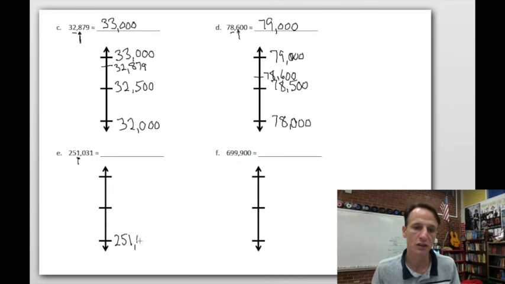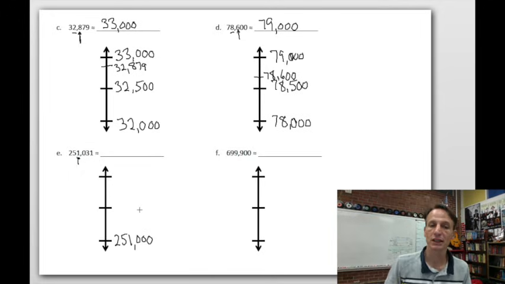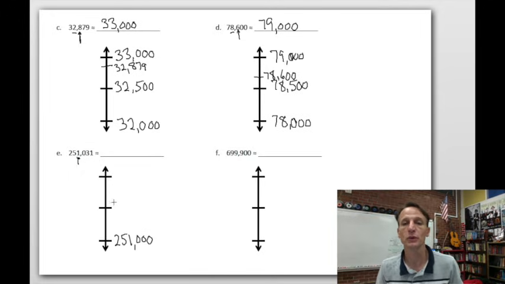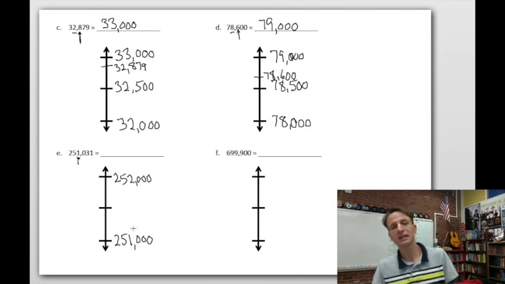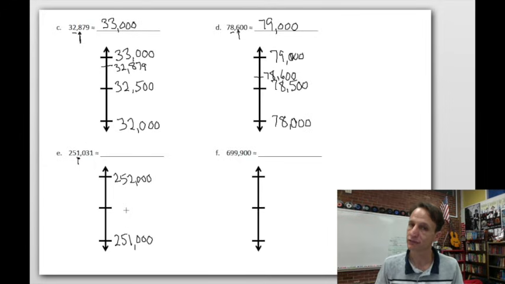There are 251 thousands. Skip counting in the thousands place. What would come next? What is 1,000 more than 251 thousands? Yes, indeedy do. It is 252,000. And still our midpoint, half a thousand, is 500.